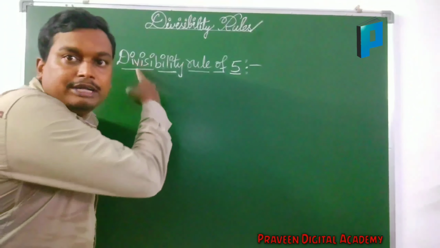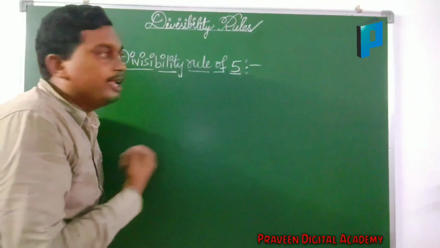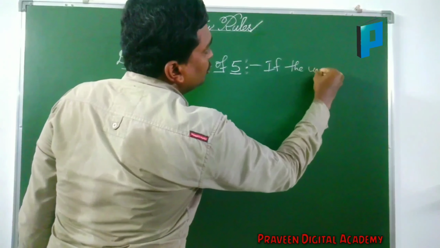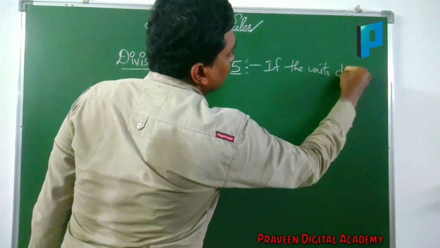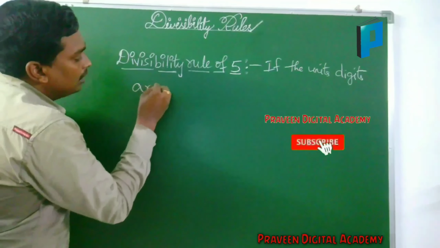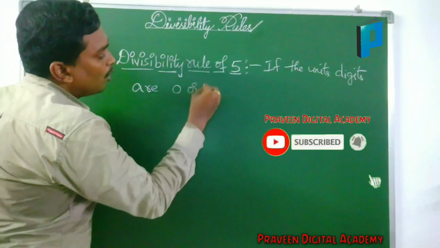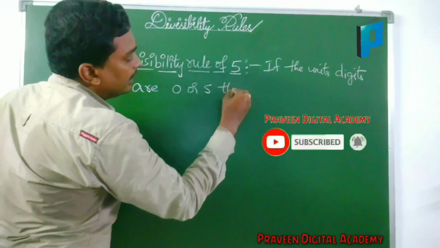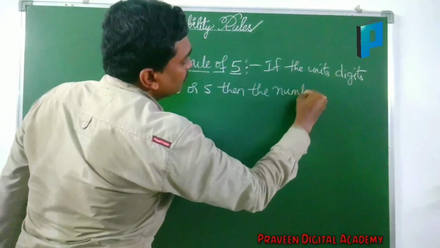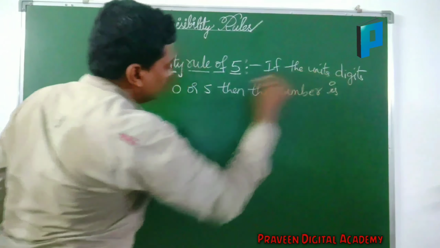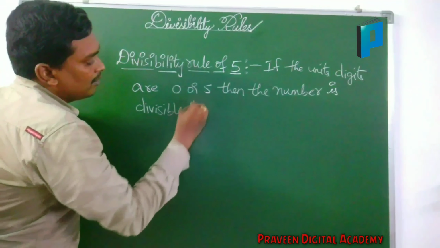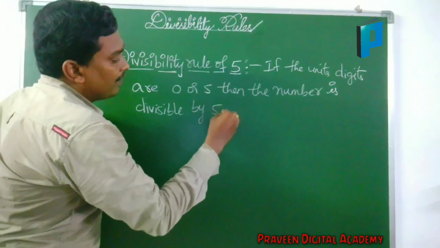Let us go for the divisibility rule of 5. Here, if the unit digits are 0 or 5, then the number is divisible by 5.